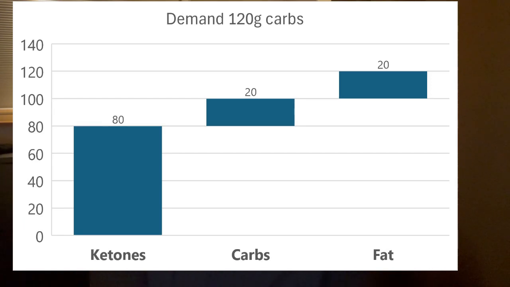But each fat, the name of them is triglycerides, and triglyceride means glycerol, and glycerol can to 100% be converted to glucose. So each fat, you have 3 fatty acids stuck to 1 glycerol.